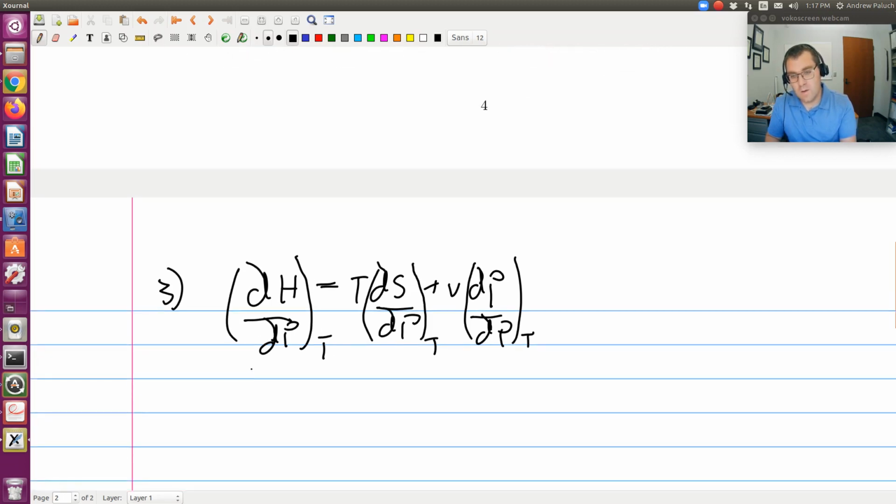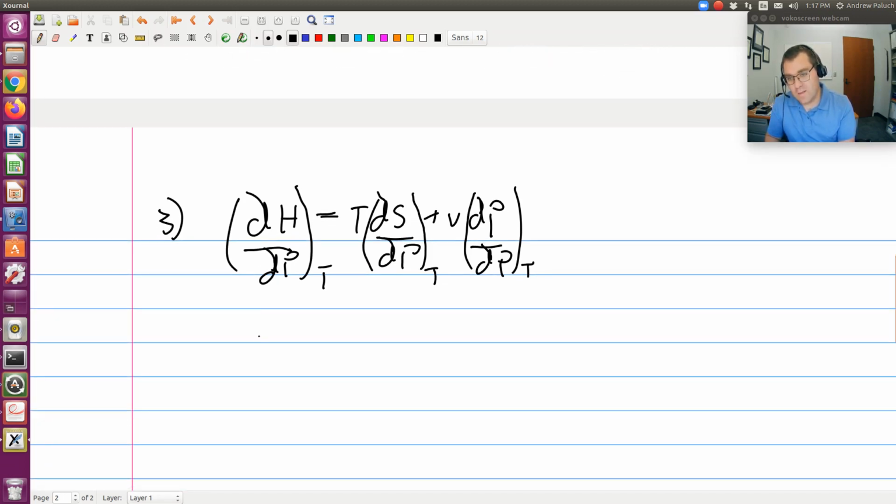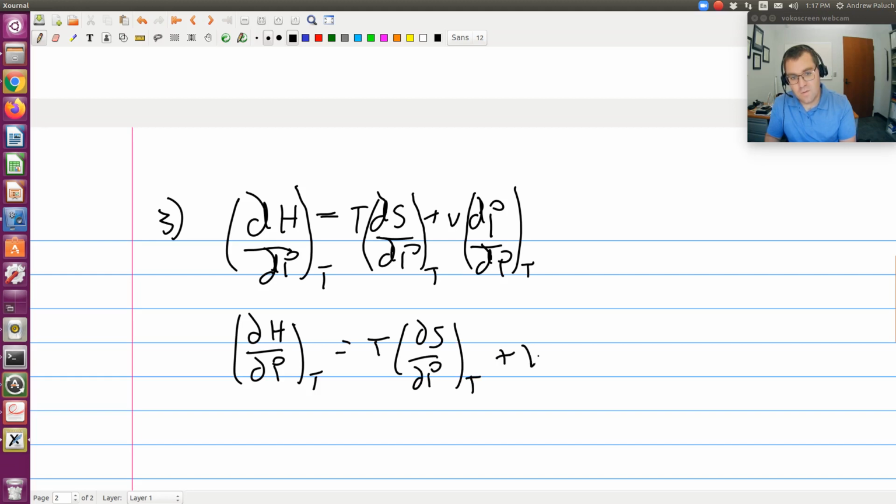So I get that (∂H/∂P) at constant T is equal to T (∂S/∂P) at constant T plus V (∂P/∂P) at constant T. ∂P/∂P is just 1. Now looking, I have an (∂S/∂P) at constant T.